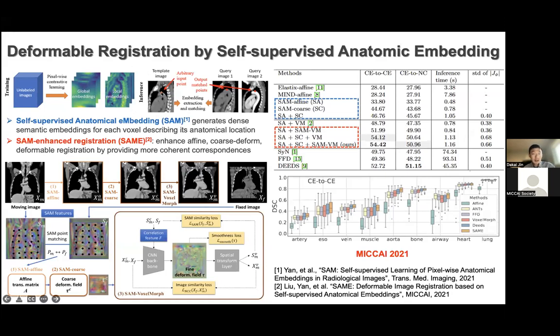For example, you have a template image here. Once you train the SAM, you select one point, and in the query images, it will automatically match to the most similar points with the same semantic meaning.